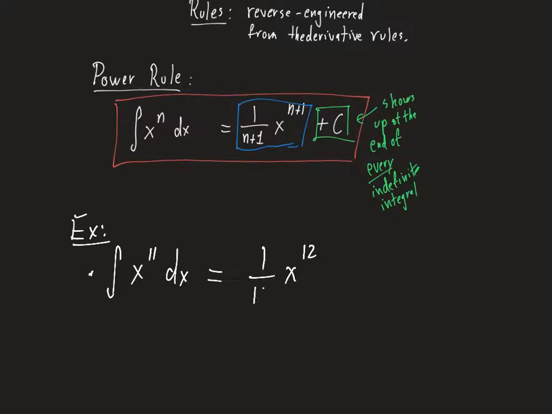And we divide by 12 in front and add c. We can take the integral of x to the power negative 3. And this is going to be x to the new power. Negative 3 plus 1 is negative 2. And we divide by negative 2 in front.